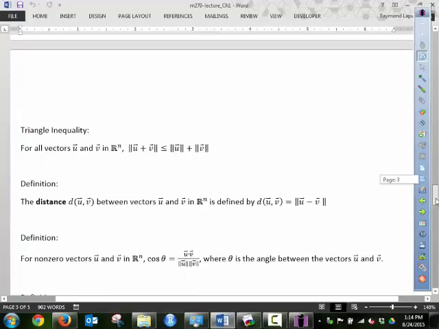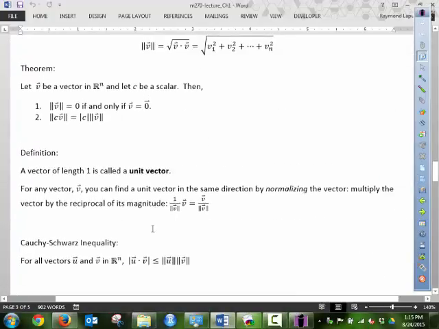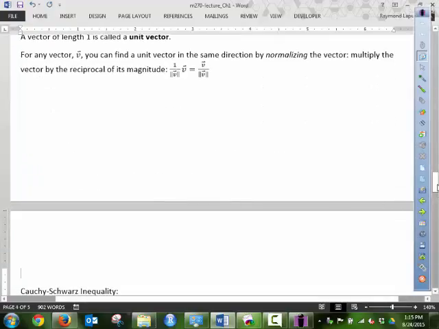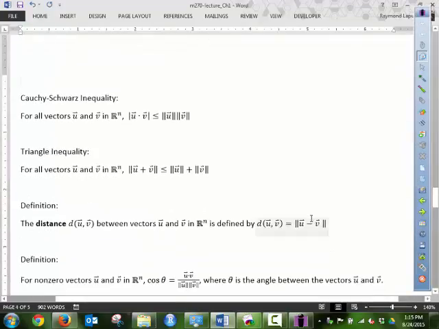There's two inequalities that are kind of important to mention. I don't know how much of this we'll be doing in this class, but I'll just mention it and not really talk too much about it.